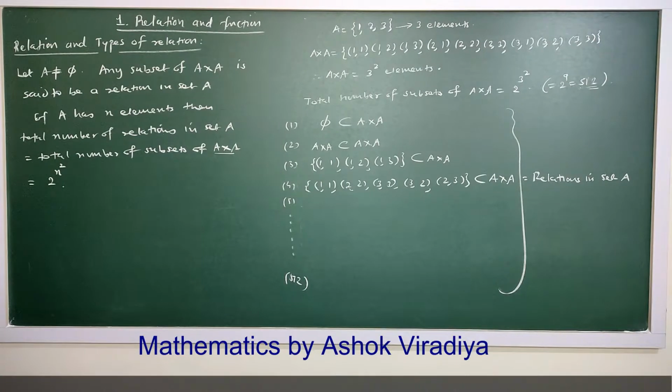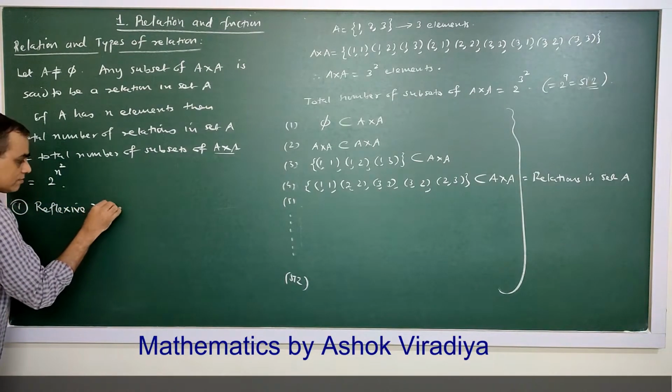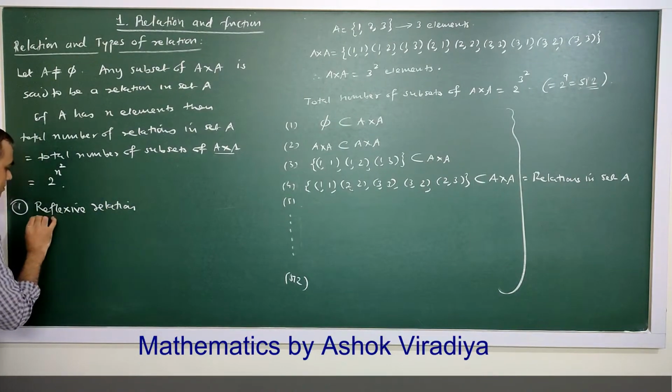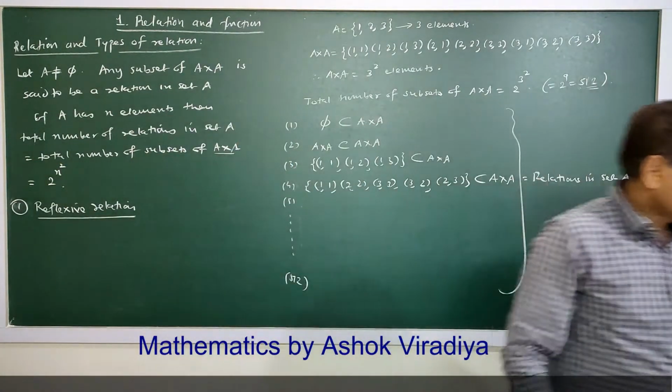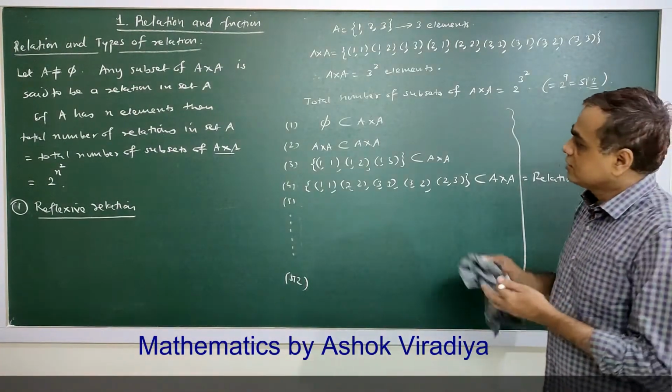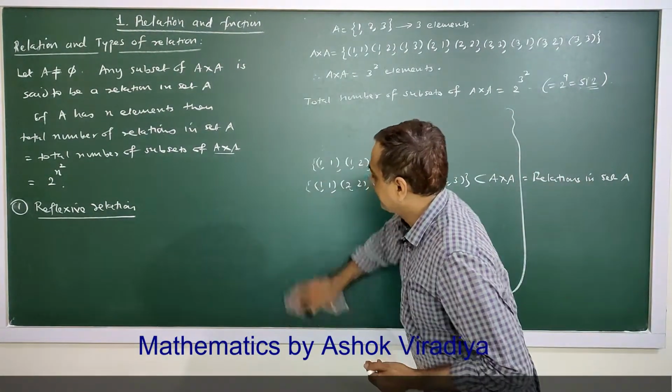Now we discuss types of relation. First type is reflexive relation. Reflexive relation. See, I am explaining the words using a definition.